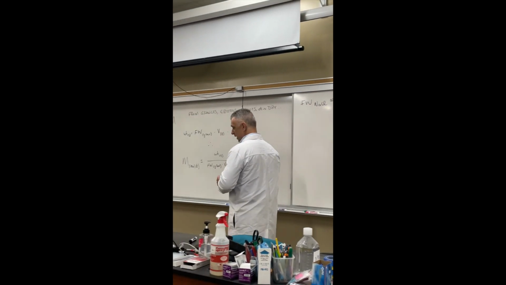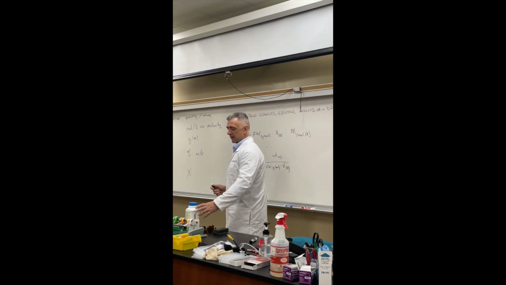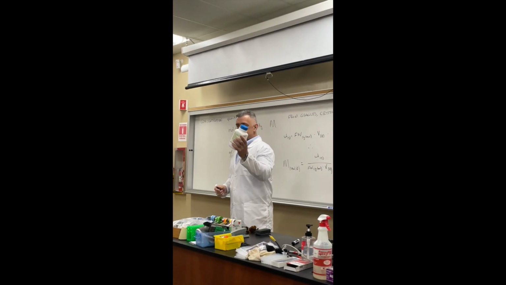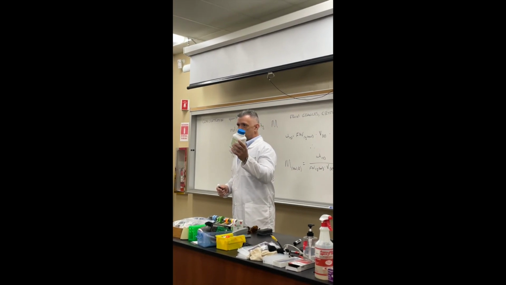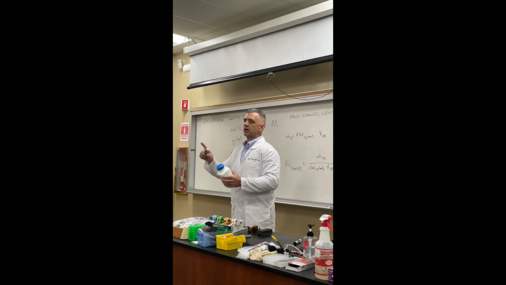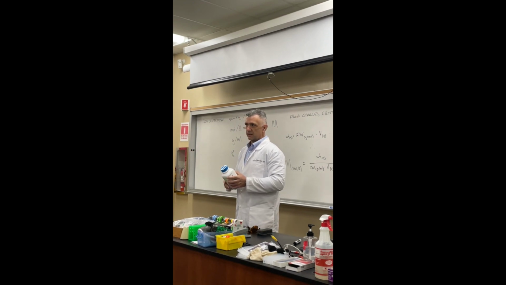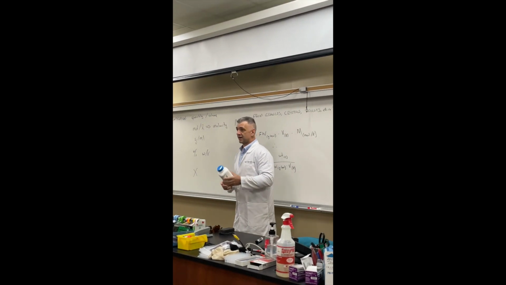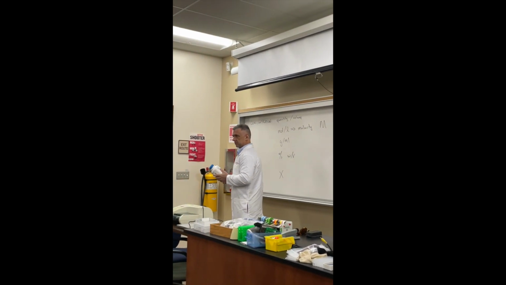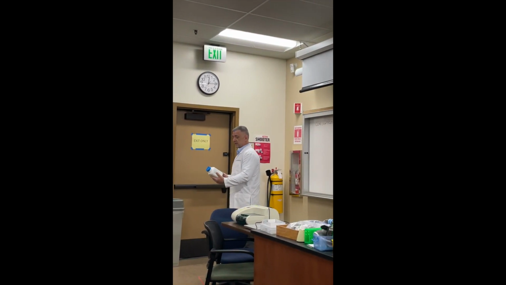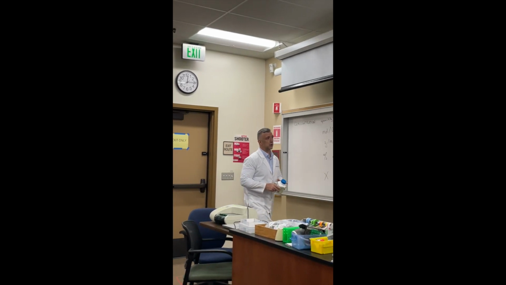Now, a note here, back to real life. Containers like this will say FW equals and then not give you units. You know the units are going to be grams per mole, and another way of expressing that is Daltons. Anyway, you'll look and you'll see, okay, 58.44 grams.